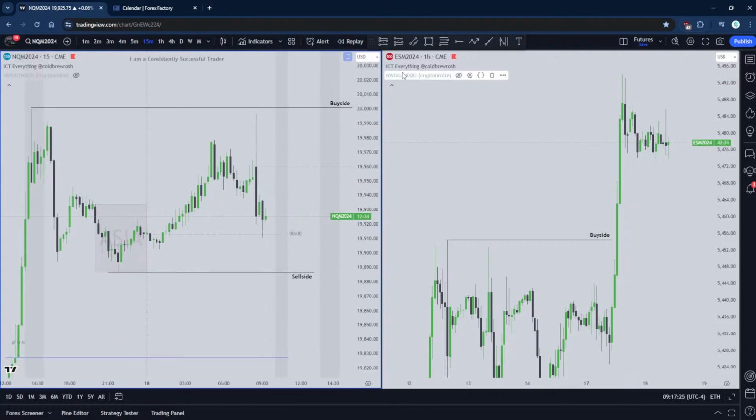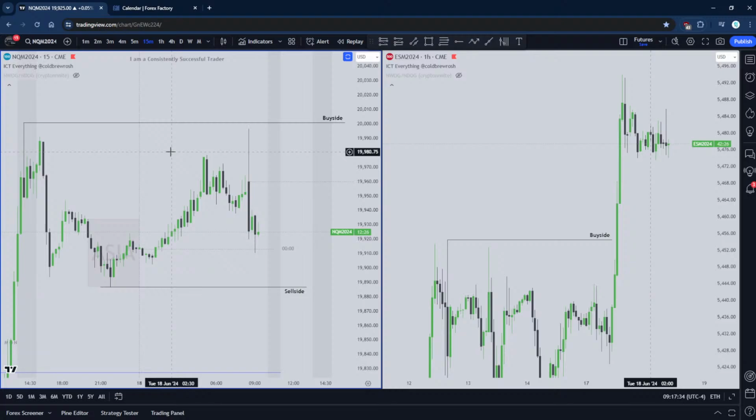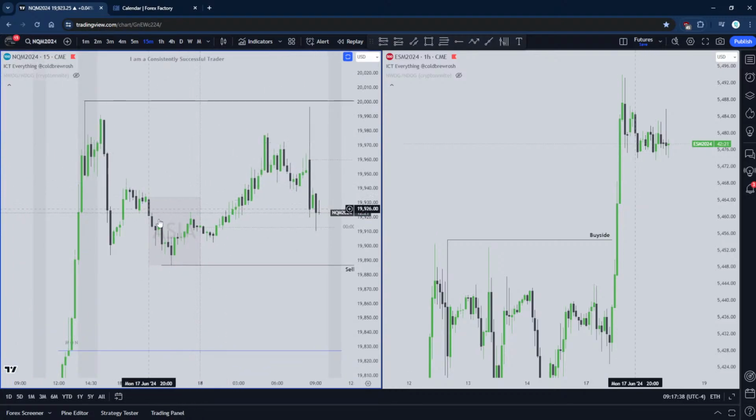So actually, before I do that, I just want to go through the potential profile. So we've got Asia's low intact. We've got London's lows pretty much intact.